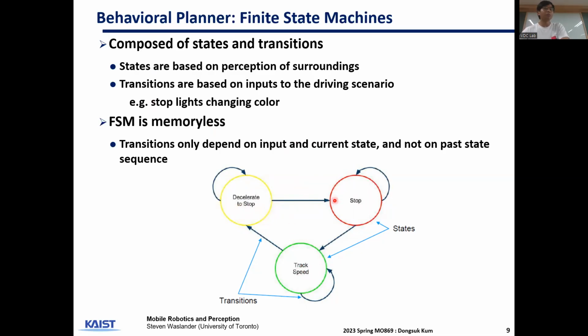In order to transition between these states, you will check the inputs. Once the inputs are satisfied, the state will transition, for example, from track speed to decelerating. One property of a finite state machine is that it's memoryless. Transitions only depend on the input and the current state and not on any past state sequences.